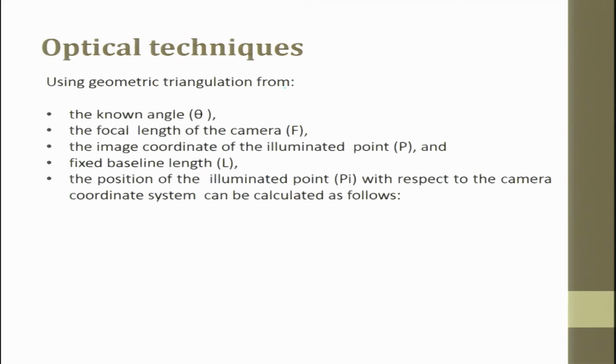So, using the geometric triangulation formula, we have the known angle theta, the focal length of the camera f, the image coordinate of the illuminated point P, and the fixed baseline L. The position of the illuminated point Pi with respect to the camera coordinate system can be calculated as Z equal to FL by P plus F tan theta, where x is equal to L minus Z tan theta.